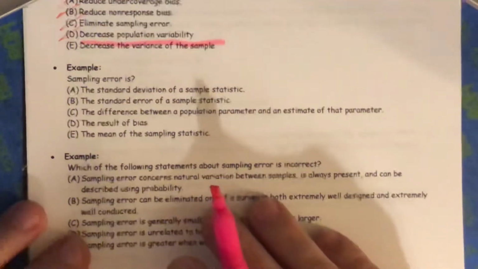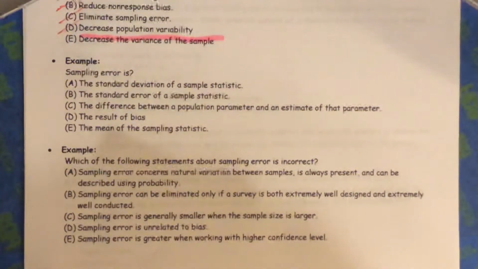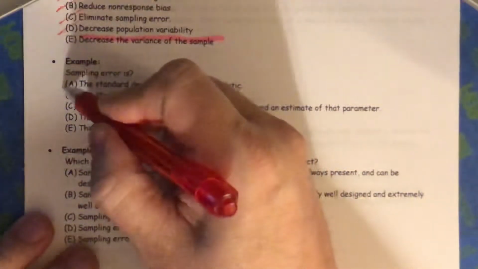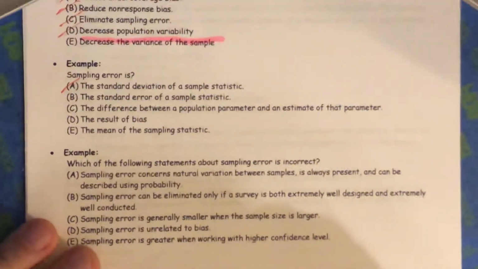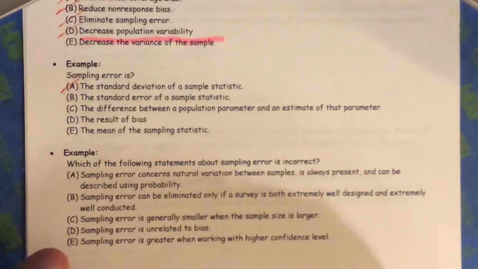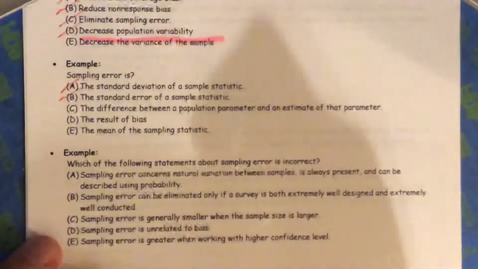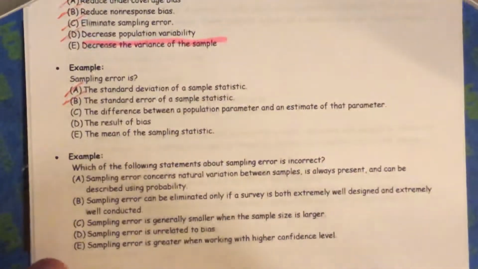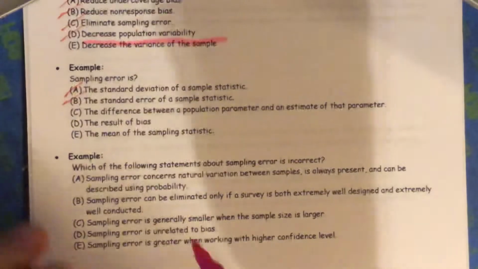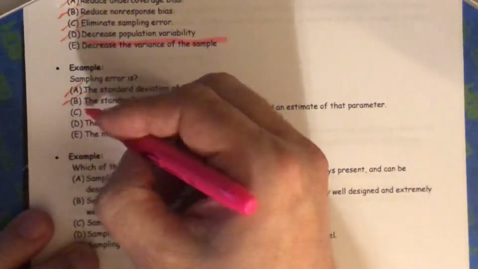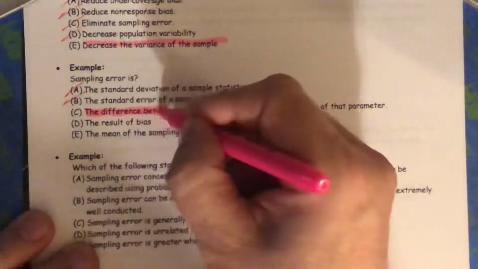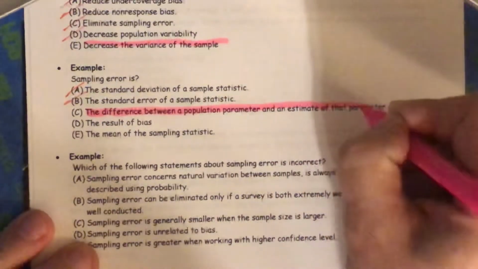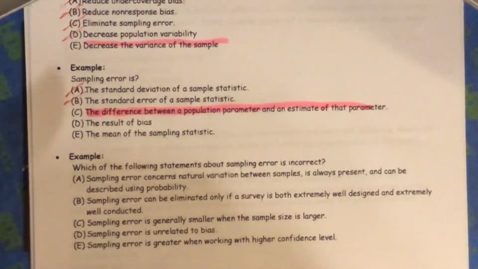Sampling error is the standard deviation of a sample statistic. No. The standard error of a sample statistic. No. The difference between a population parameter and the estimate of that parameter. That is sampling error. All right? The reason that's not the first two is because we're going to have variation between people.